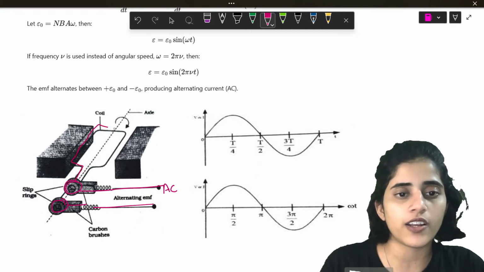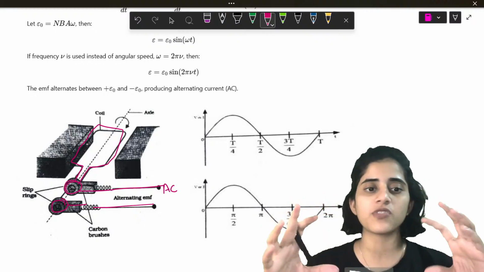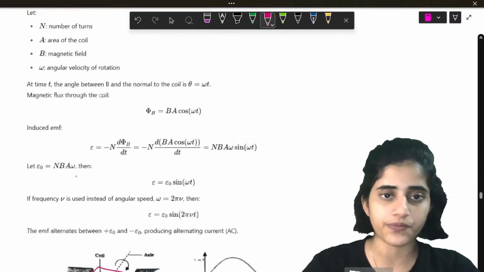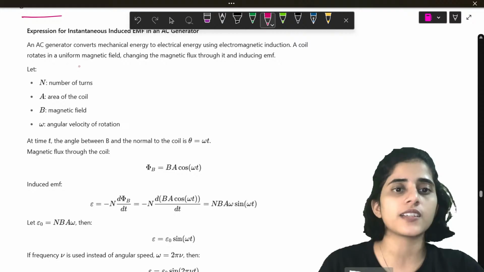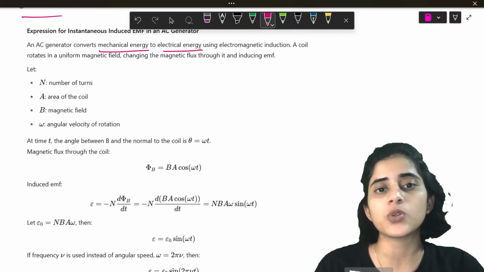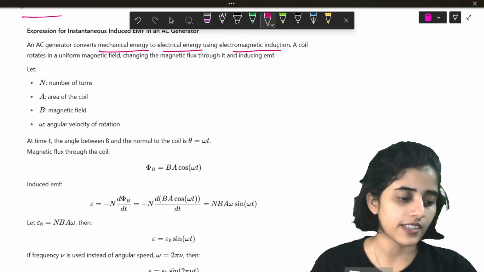There is a coil here. If there's a magnetic field and current together, the coil should rotate. So you have mechanical energy: the rotation of the coil is converted to electrical energy using the process of electromagnetic induction.